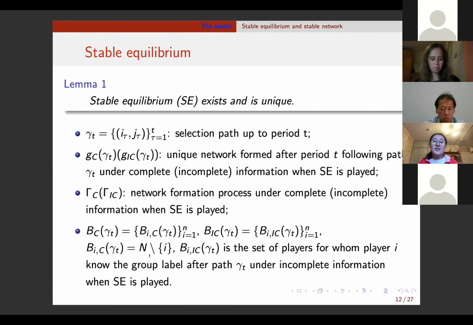Under complete information, player i knows the group label of all players. So it is the set of all players except i, because we don't consider player i himself now. But under incomplete information, it is an updating function.